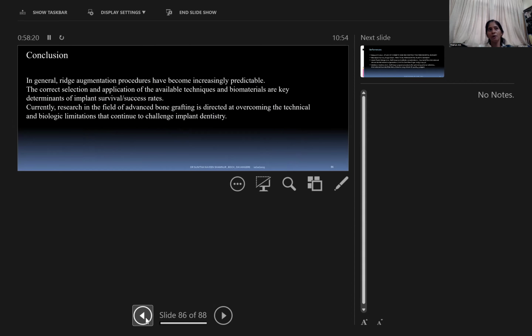How do you use it? Vertical augmentation or horizontal augmentation, or your membranes, part by part, they might ask. But setting aside the examination protocol, whatever you have learned today will serve as a foundation for the future implant procedures that you'll be doing clinically.